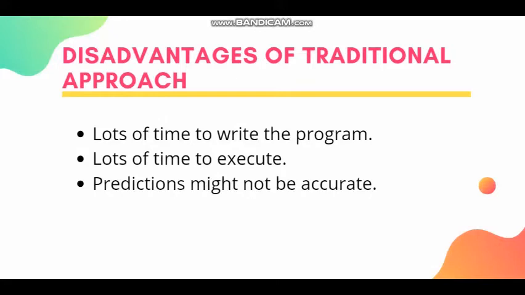And it will also take lots of time to execute, because if you have lots of if statements, then the computer will need to check each and every condition and execute the block of statements only which is true. And the predictions made by the program may not be accurate. Now let's see how to do this in machine learning.